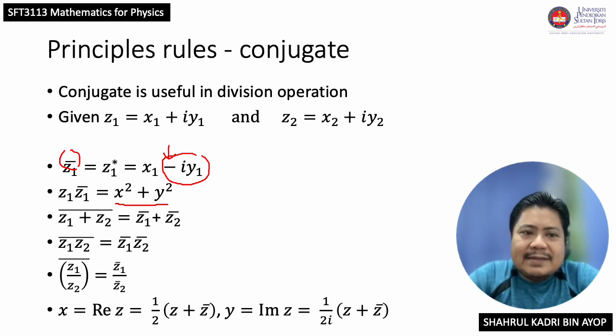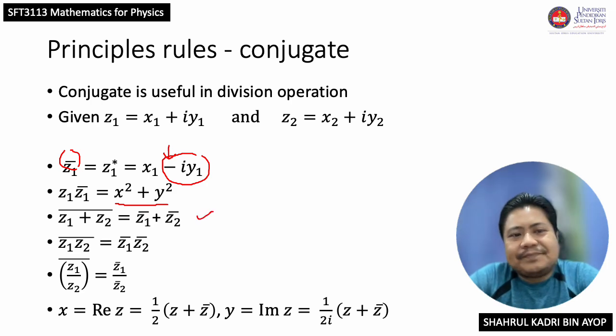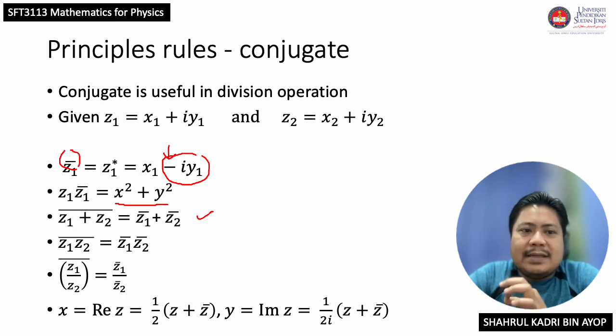And then the conjugate of the sum of both numbers can be separated. You can show it and prove whether this is correct or not. The conjugate of the product is equal to the product of their conjugates, and the conjugate of the division or ratio is equal to the ratio of their conjugates.